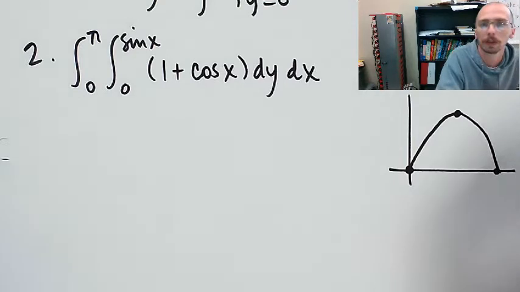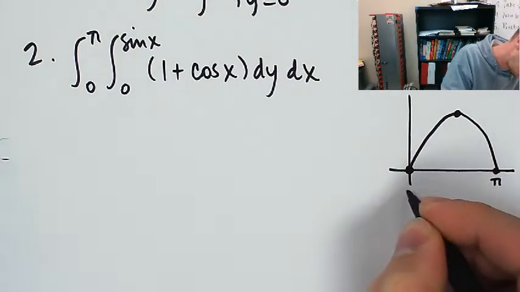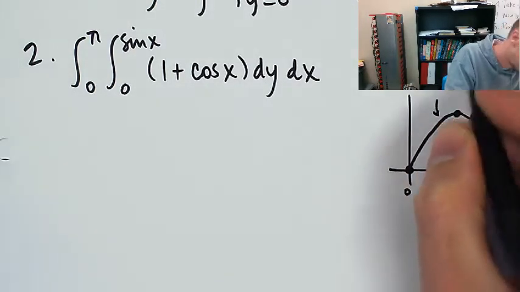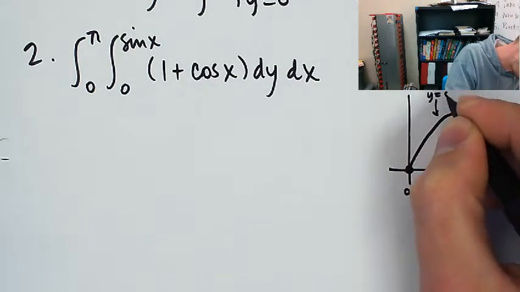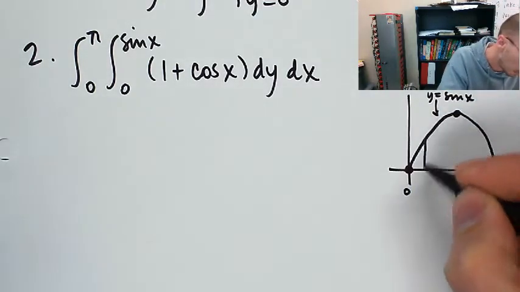That wasn't the best sketch ever, but this is x equals 0 and x equals pi, with y equals sine x. Then this will be the region I'm integrating on.